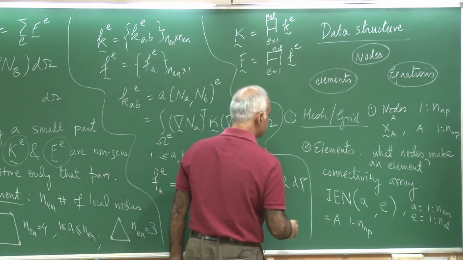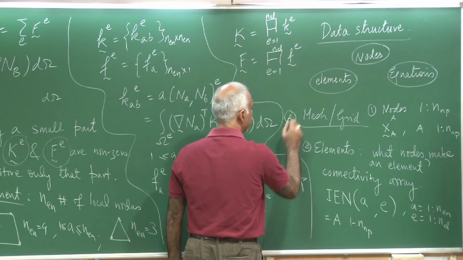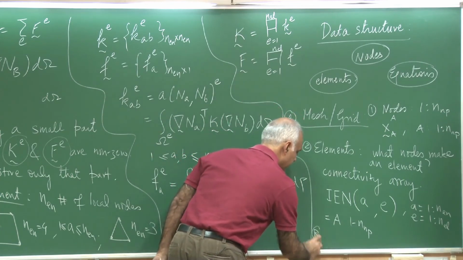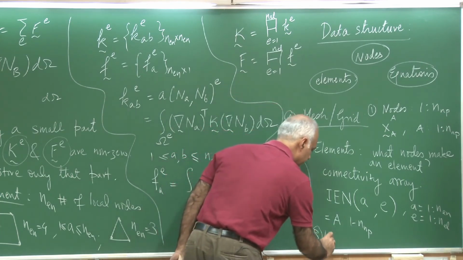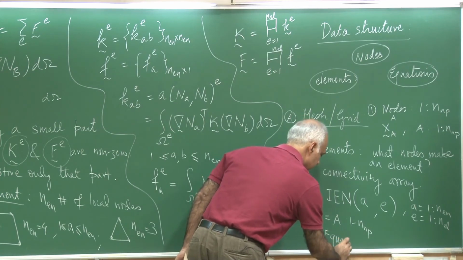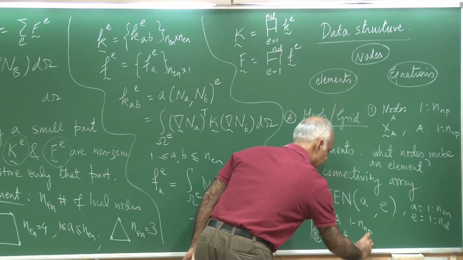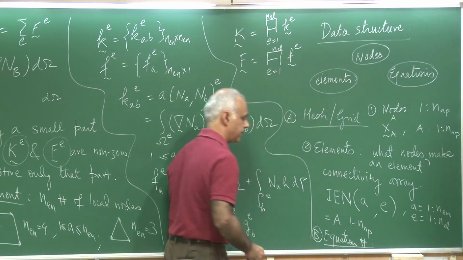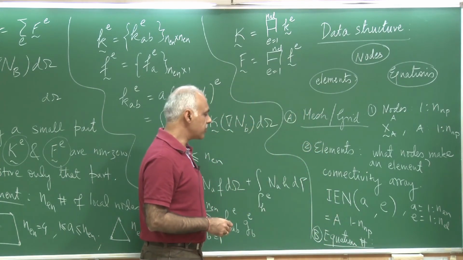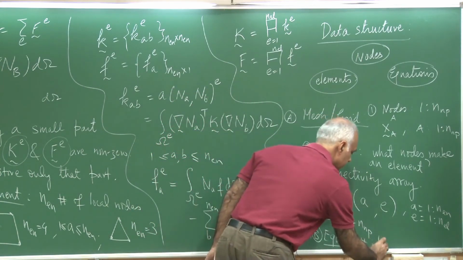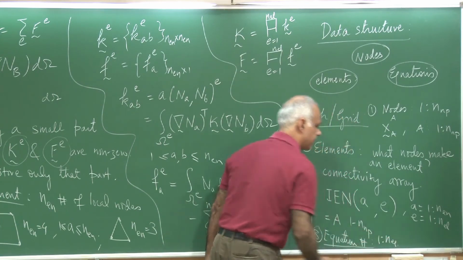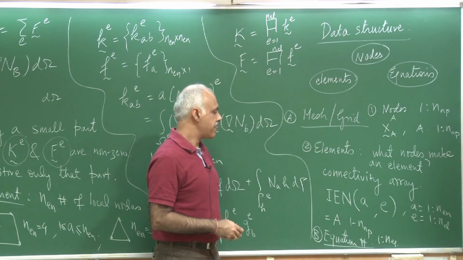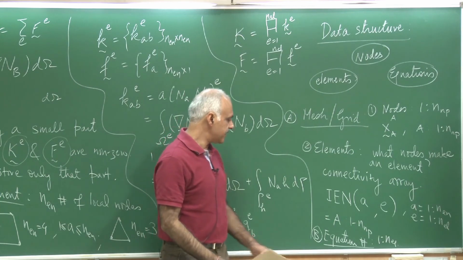The second one that I generate is equation numbers. These also are going to be labeled from 1 through NEQ. So this is a little bit interesting.